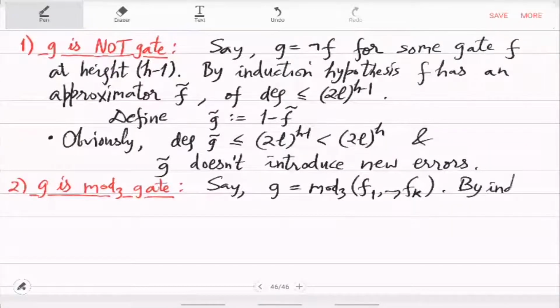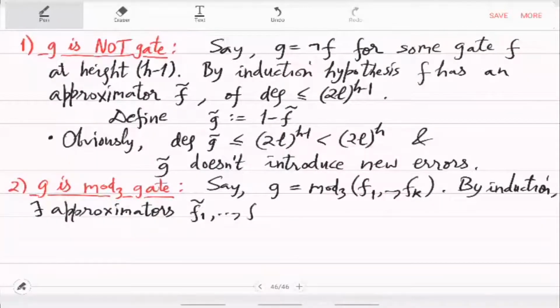By induction, there exist approximators f1 tilde to fk tilde of degree one height less, so (2l) to the h minus 1, where fi tilde approximates fi well.